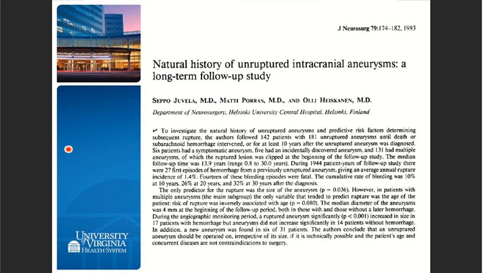But the important thing to note, though, is if you look specifically at their 142 patients, the majority of these patients were diagnosed because they had a prior subarachnoid hemorrhage. About 131 of them, these unruptured aneurysms were identified because they had some type of, or 6 of them were identified because of mass effect.